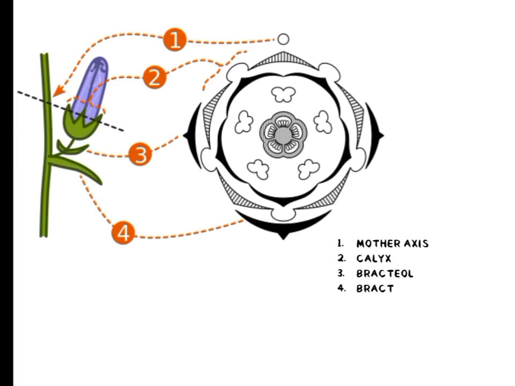Bracteole is the small hairy leaf-like structure which is present in between the bract and the stalk of the pedicel. Okay, this is calyx. And this is the base of the pedicel. So if you see any small hairy or leafy structure in between this, that is called bracteole. Then bract, you know, a leaf-like structure which is found at the base of the pedicel is called bract.